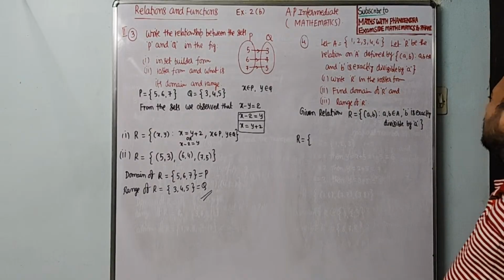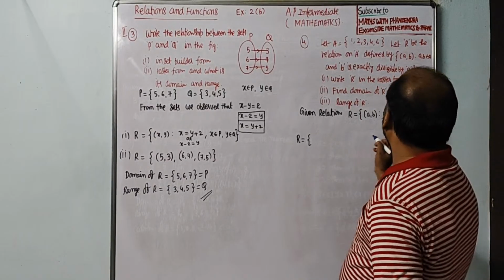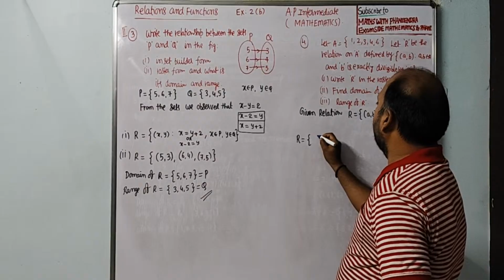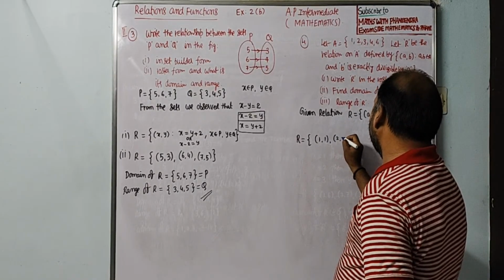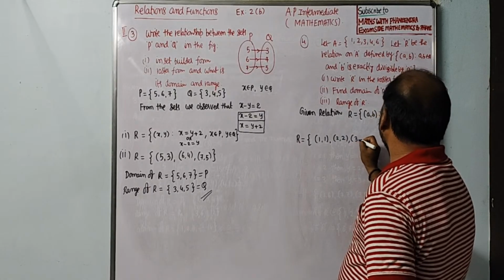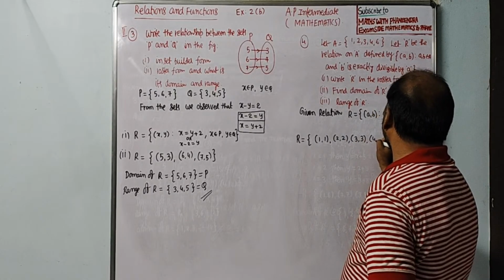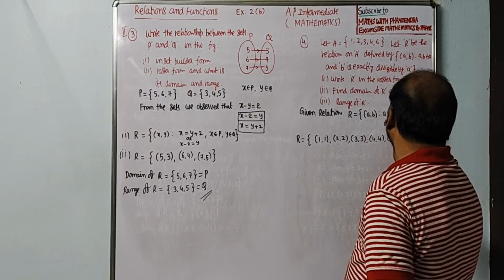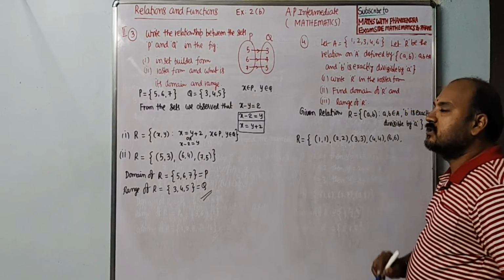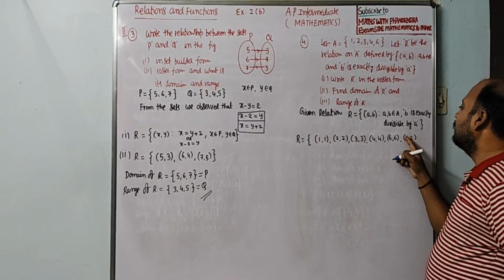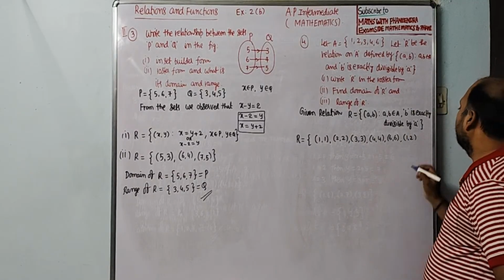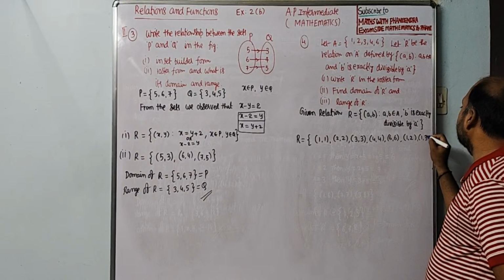So, roster form R equal to. What are the elements? See, B is exactly divisible by A means here first 1 comma 1 you write, 2 comma 2, 3 comma 3, 4 comma 4, 6 comma 6. After these possibilities, if you write 1 comma 2, 2 is divisible by 1. Next 1 comma 3 also.